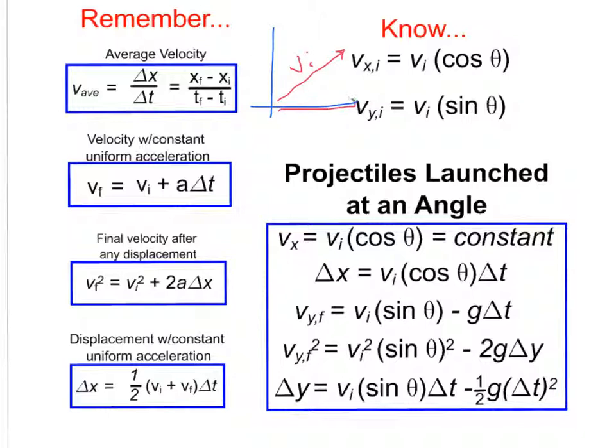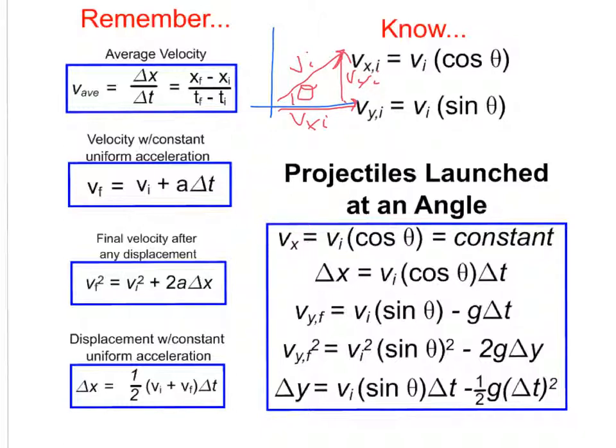Right here would be the x component, vxi, and this here would be the y component, vyi. And this will be the angle I'm launching it at, theta. That looks terrible. I'm sorry, this is so messy.